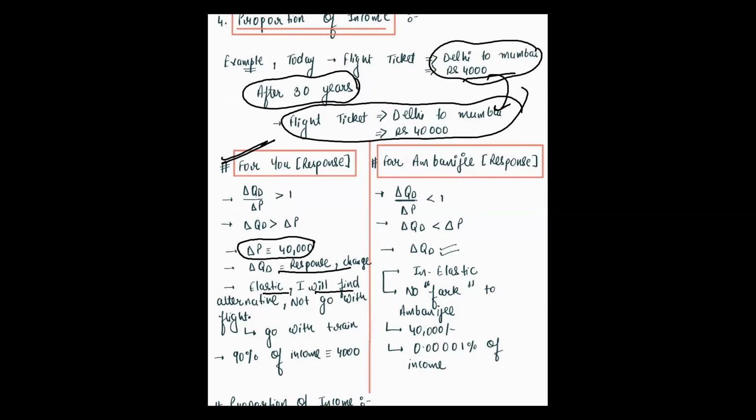Okay, elastic, I will find an alternative. When there is an elastic thing, you will find alternatives. No, I will not go by flight now, I will go by train, because 40,000 from 4,000 is a huge jump, right? So you will look for alternative options, and the quantity demanded with the change in price will be greater than one.